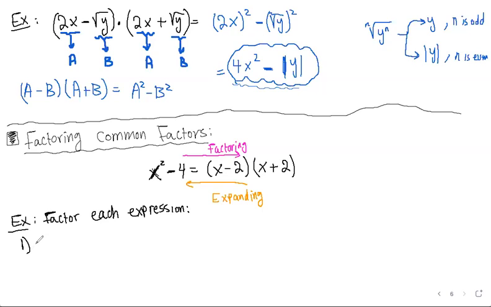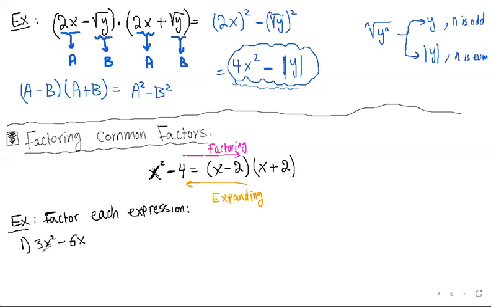First one is 3x squared minus 6x. How can we factor something like that? To factor something like that, I'm using something called the greatest common factor.